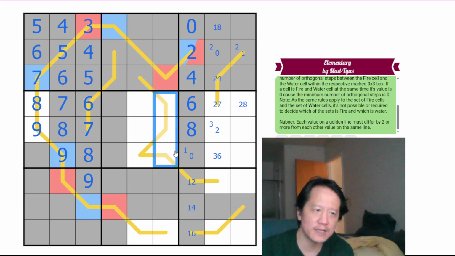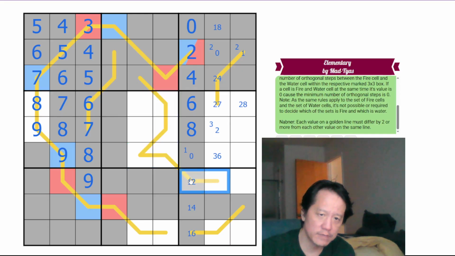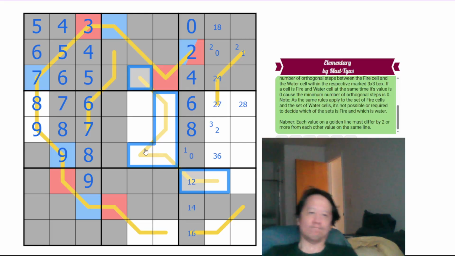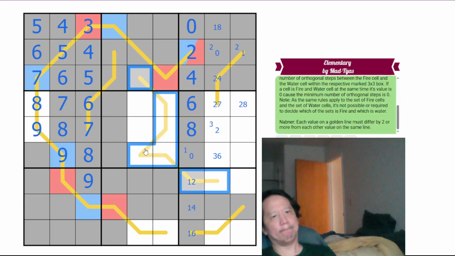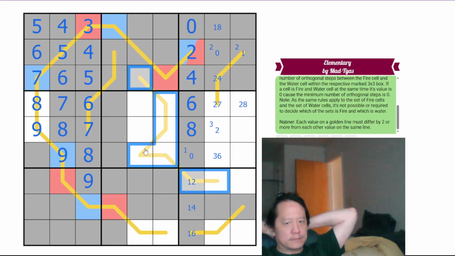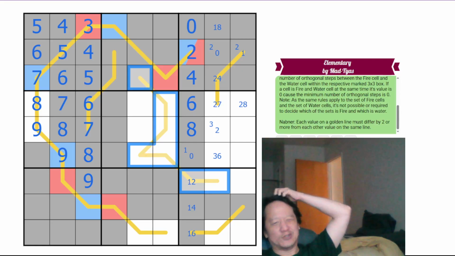We have guaranteed at least 2 here on this line. So that's 12 digits already. How many digits in total do we have? 18. So that doesn't help us too much.